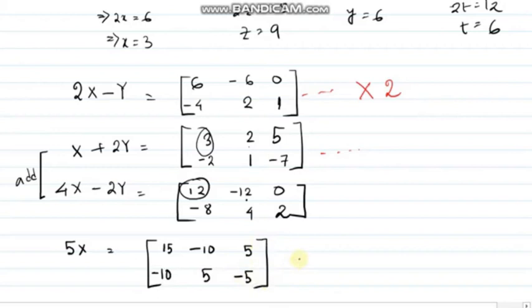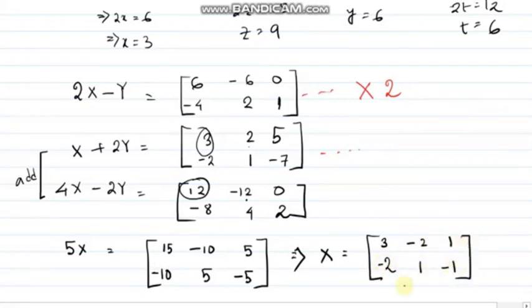So this is the 5x. Dividing all the elements by 5, like scalar multiplication, scalar division is also allowed, we can write x equals [3 minus 2 1; minus 2 1 minus 1], right? So this is the value of x.